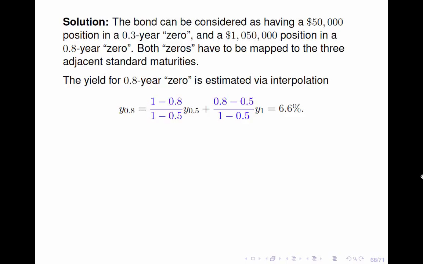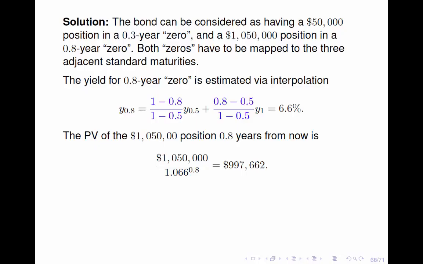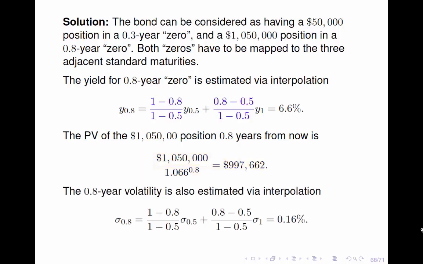With the given yield rates of the 0.5-year and 1-year zeros, the yield for the 0.8-year zero can be estimated via interpolation. Then, we can calculate the present value of the $1.05 million position 0.8 years from now. Same as the yield rate, the 0.8-year volatility is also estimated via interpolation.